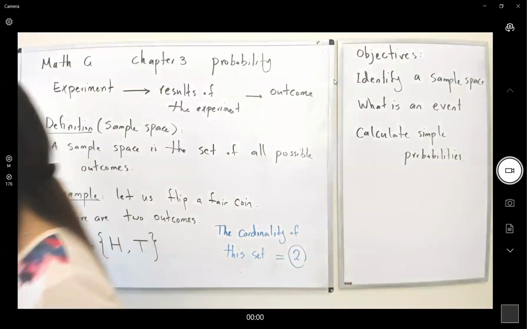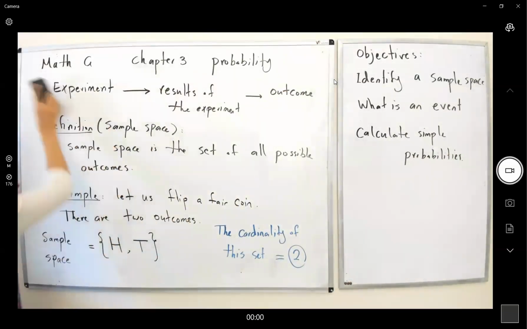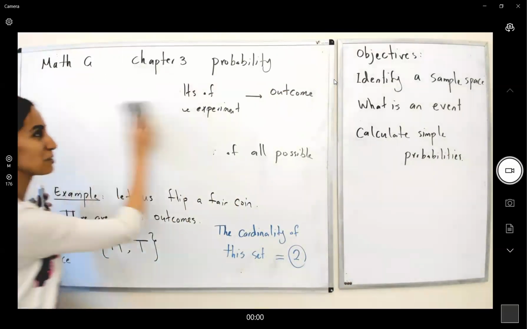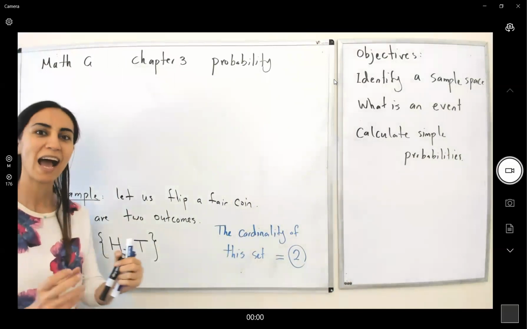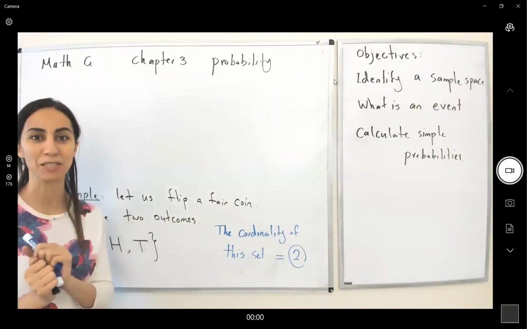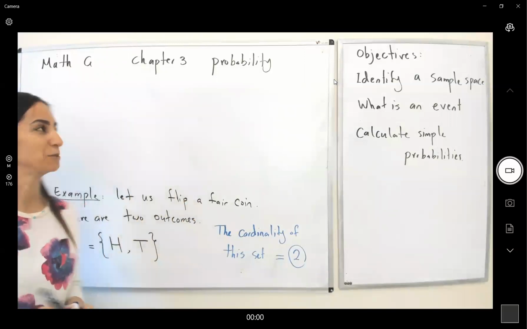Well, since we learned about subsets, we can take a sample space and have the subsets of the sample space and define something new that we call events.